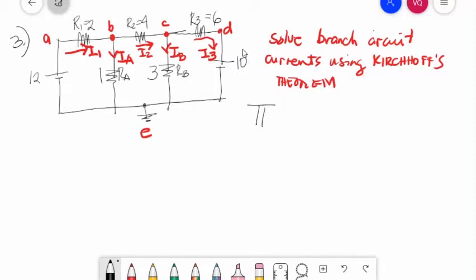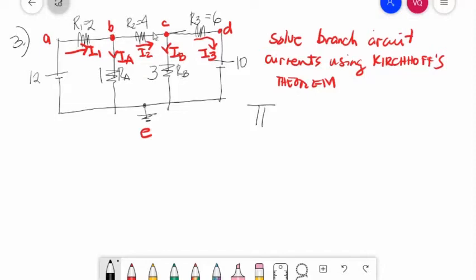You cannot solve this one using simple series parallel, so you cannot solve the branch circuit currents. That's why this is one of the uses of Kirchhoff's theorem, to solve complex circuits.